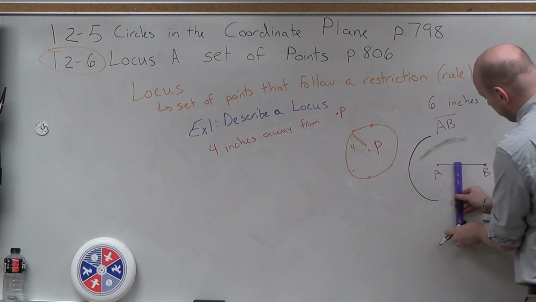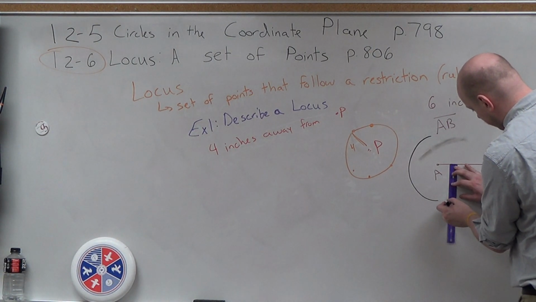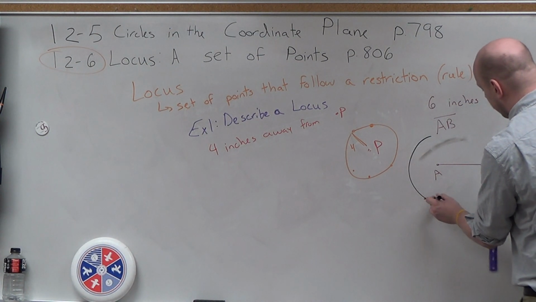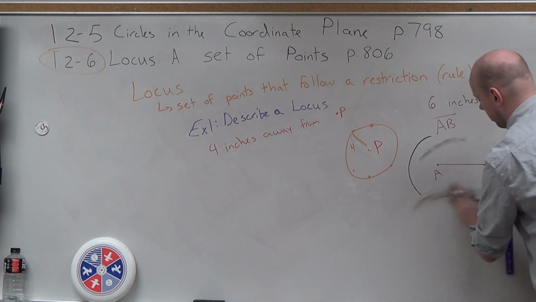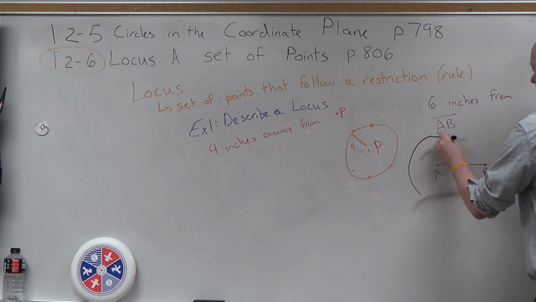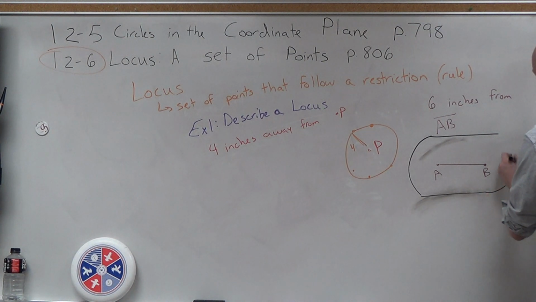So I need to also maintain 6 inches away from this segment at all times. What's kind of funny is that in this case it would flatten, oh shoot. That just made it worse. It would flatten off along the segment until it would round again.